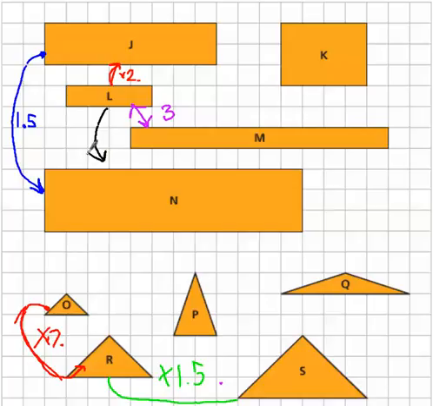And that is times 3. One more thing. I'll do it. Okay, go. And then I thought that O and S were similar. And that scale factor is 3.